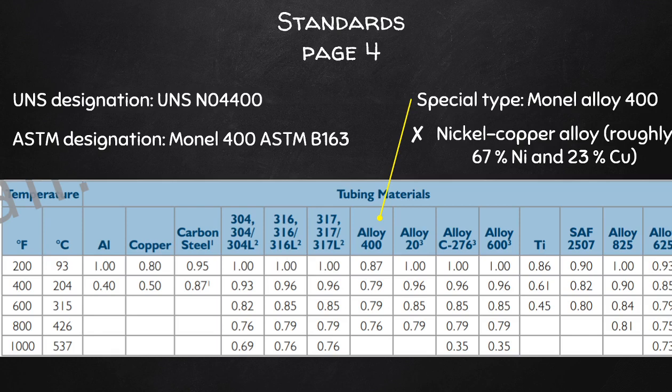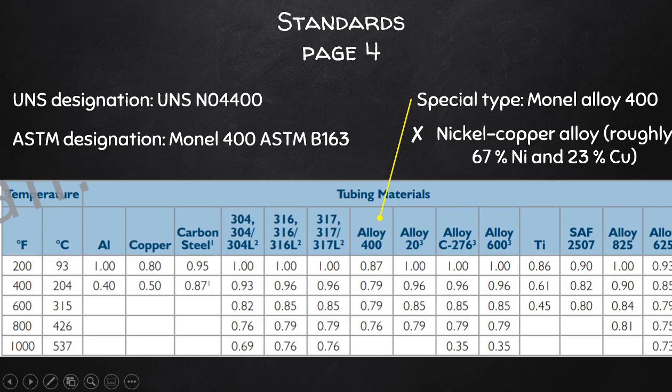For example, a 400 alloy will correspond to a UNS 4400 or an ASTM Monel 400 ASTM B163. All these codes are referring to is that you are dealing with a nickel alloy. This alloy is commonly referred to as Monel. It contains roughly two-thirds nickel and 23% copper, and the balance will be some other poor old metal that decided to show its face.